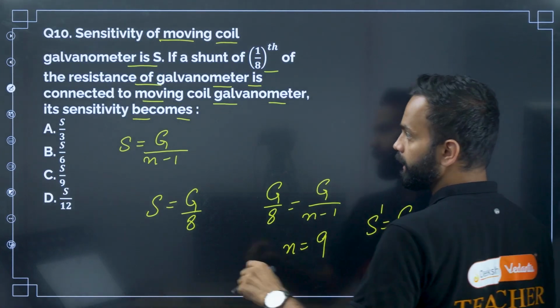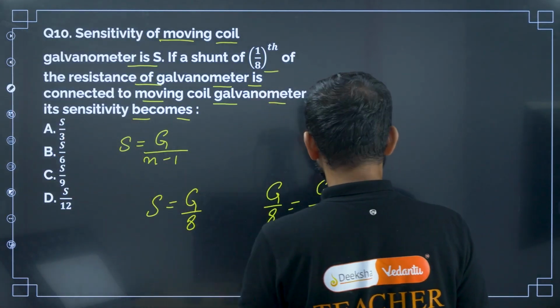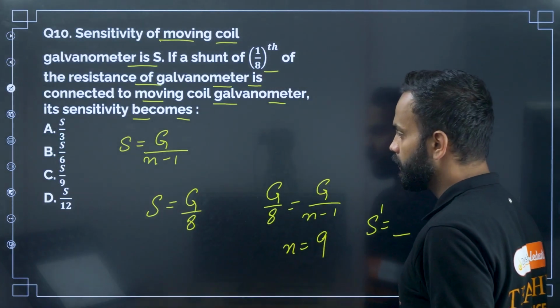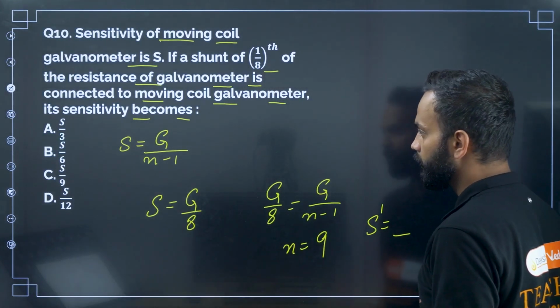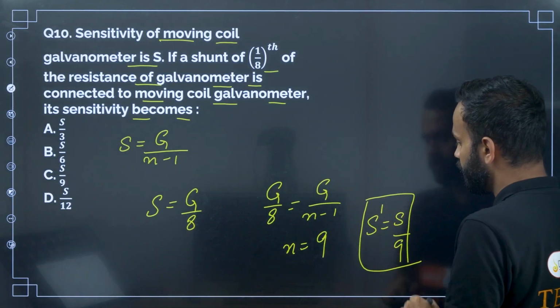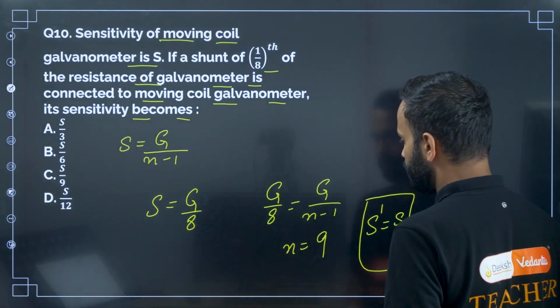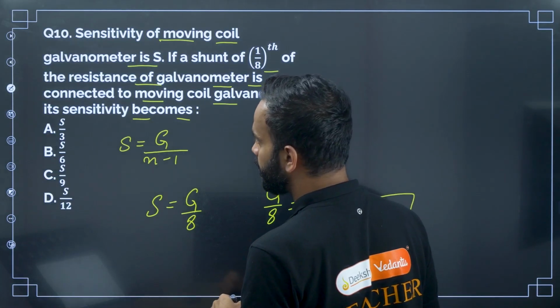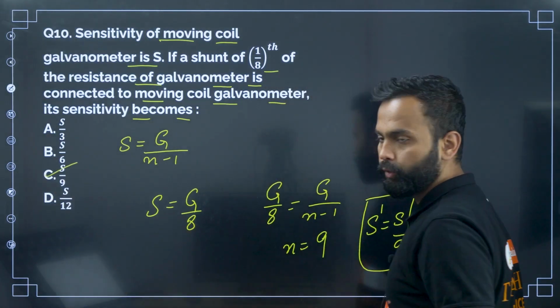The new sensitivity S dash is equal to S divided by 9, right? So the correct option is C, S by 9.